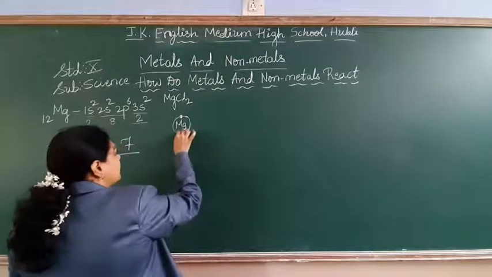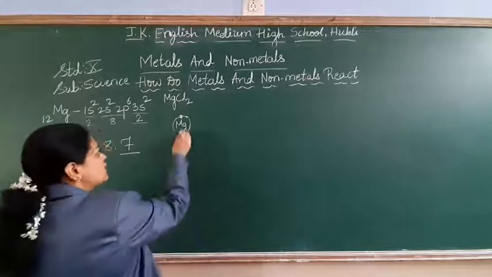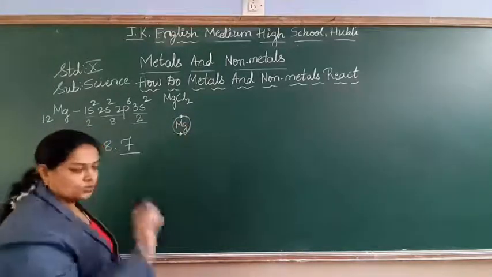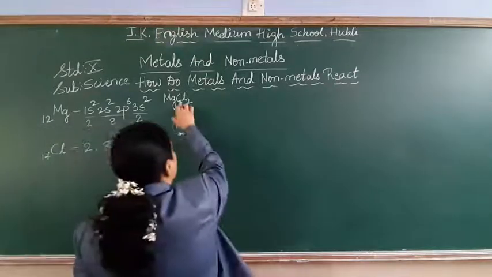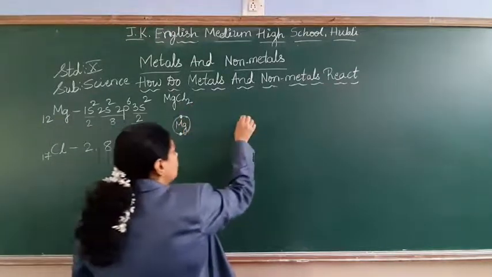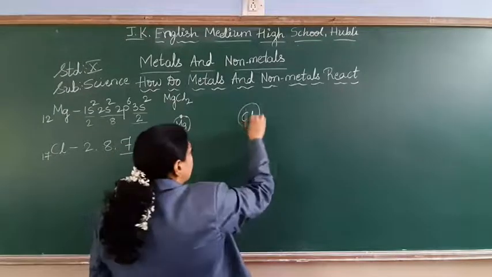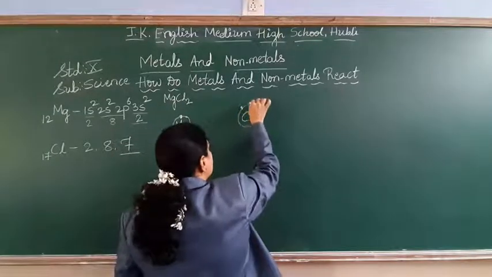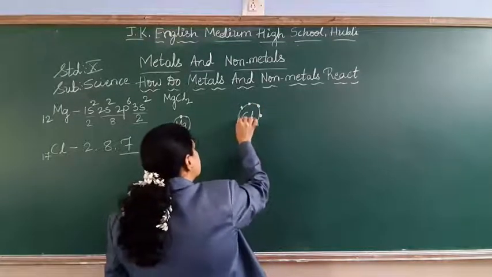As you know, you can represent the electrons with a dot or with a cross mark. So magnesium has 2 electrons in its outermost shell. Fine. How many chlorine atoms are here? 2 chlorine atoms are there, and each chlorine with how many electrons? 7. 1, 2, 3, 4, 5, 6, 7.